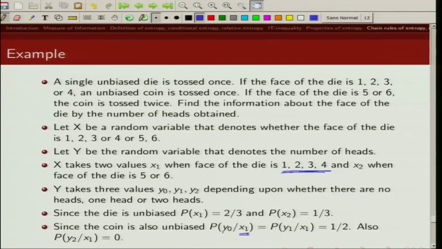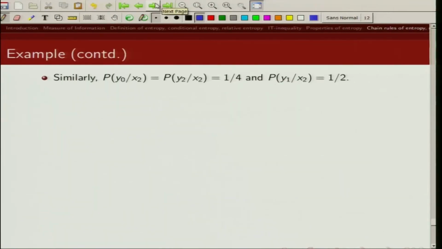So in that case, the probability of getting no head is the same as the probability of getting one head, which is half, and I can never get two heads because I am tossing the coin only once. Similarly, if I get 5 or 6, I am tossing the coin twice. So the probability of getting no head or the probability of getting two heads is 1 by 4, this we have just shown, and the probability of getting one head is half.